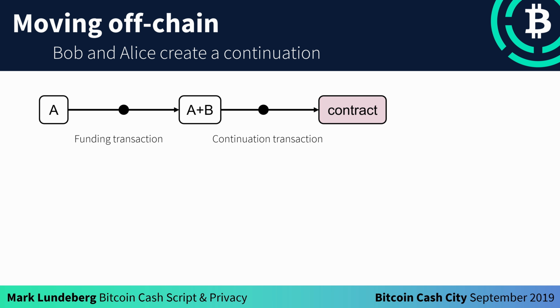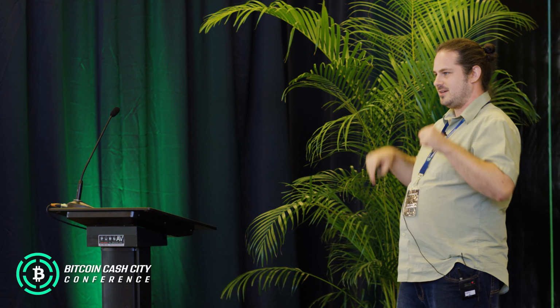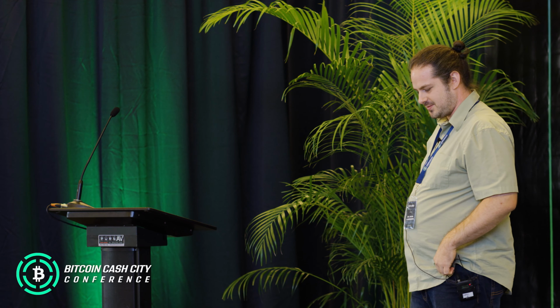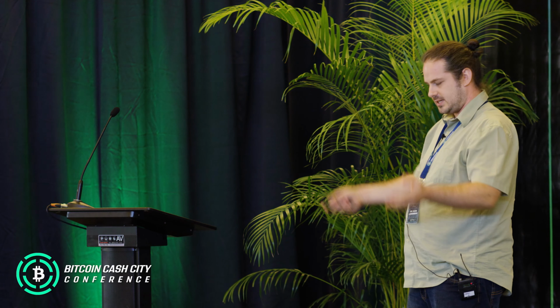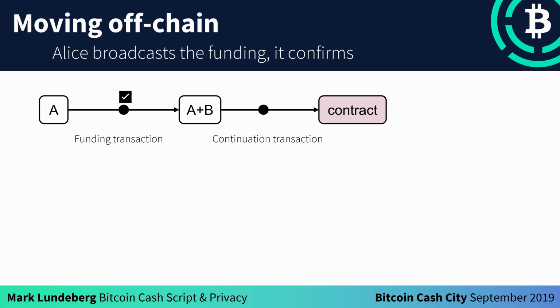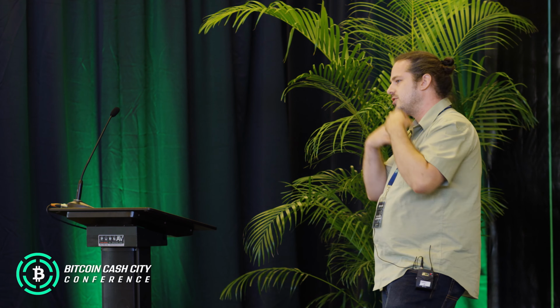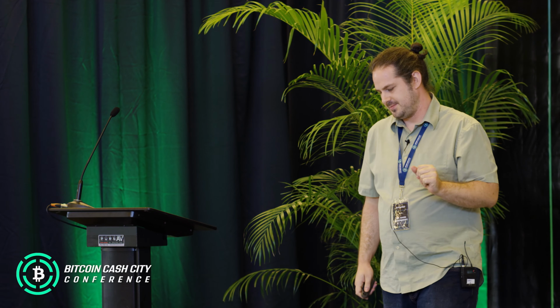I need you to sign a transaction that's going to move my money onto this smart contract. And Bob says, okay, fine, that's your money, I'll let you do that. And Alice gets back the transaction, it's valid, great. So she broadcasts the funding transaction, but not the second transaction. Alice and Bob know this transaction. They could broadcast it, but they don't do it yet.